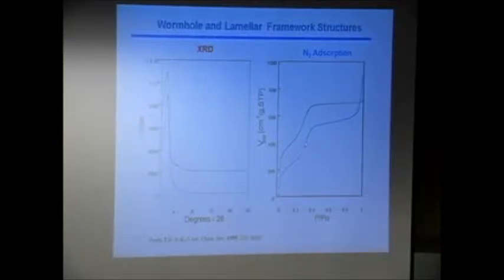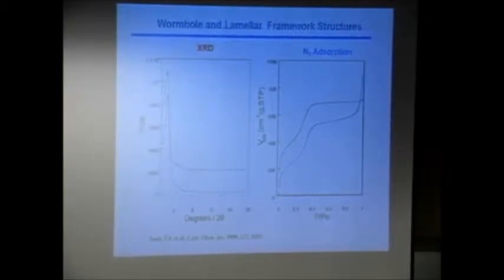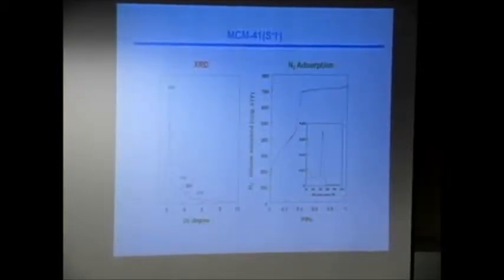And so that means that the pore size distribution is much broader here than it was in MCM-41, but not a whole lot broader. Here is MCM-41, to remind you of what it looked like. The diffraction pattern had multiple Bragg peaks, and the nitrogen uptake had a very sharp step.